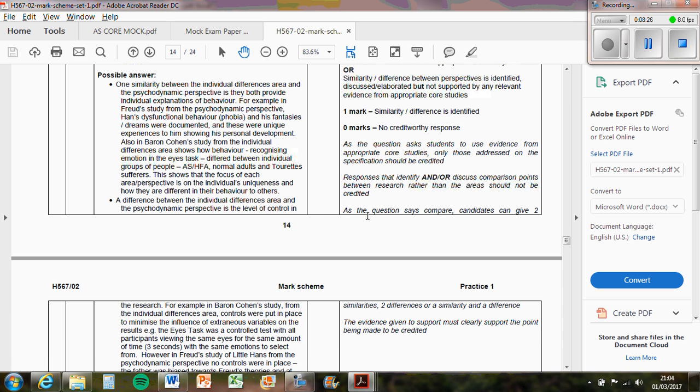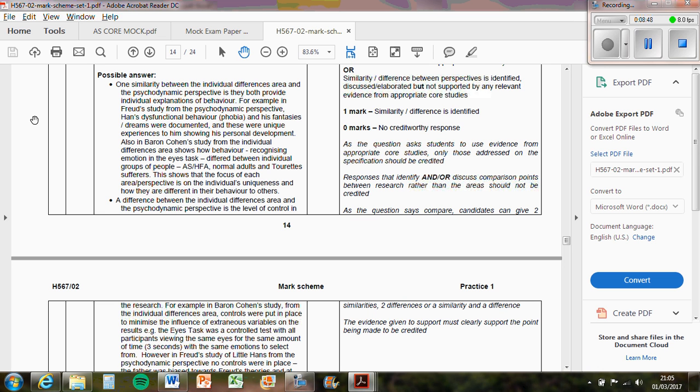So it says one similarity between the individual differences and the psychodynamic perspective is they both provide individual explanations for behaviour. For example, Freud's study from the psychodynamic perspective, Hans is, oh, that's in the wrong place, that apostrophe, isn't it? That's really bad because he's not called Han, he's called Hans. His phobia and his fantasies and dreams were documented, and these were unique experiences to him showing his personal development.